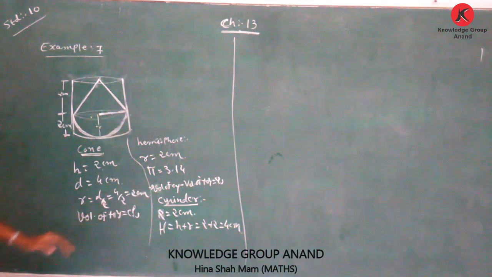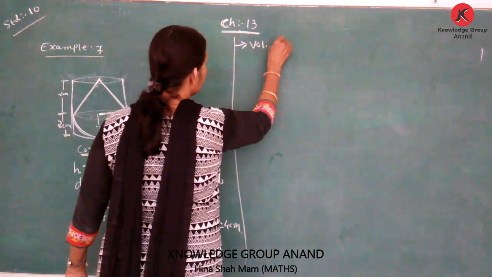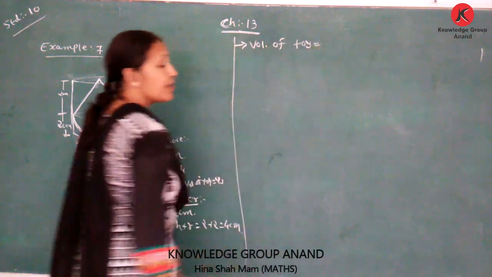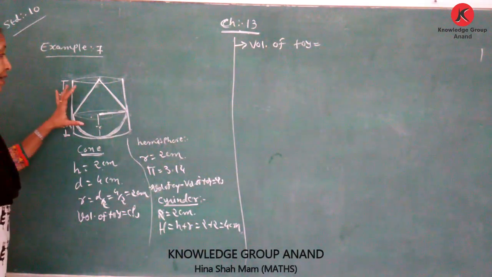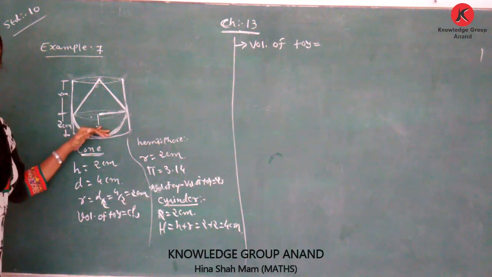First we find the volume of the toy. The toy is a combination of which two solids?